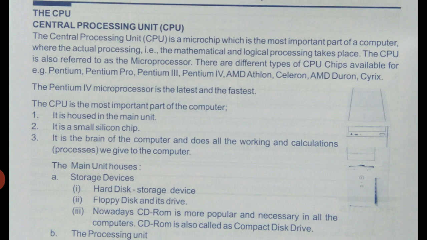If we think about the storage devices, then storage devices are available in the form of hard disks, floppy disks, CD and DVD. CD stands for compact disk. In CPU we can see the processing unit too.